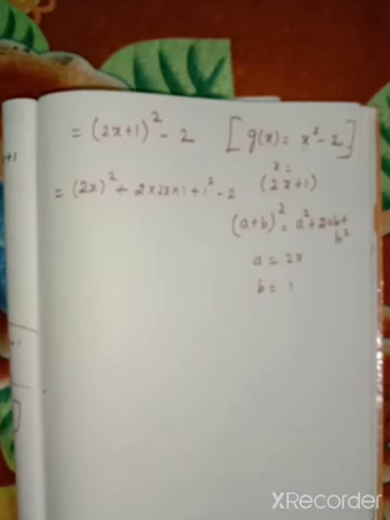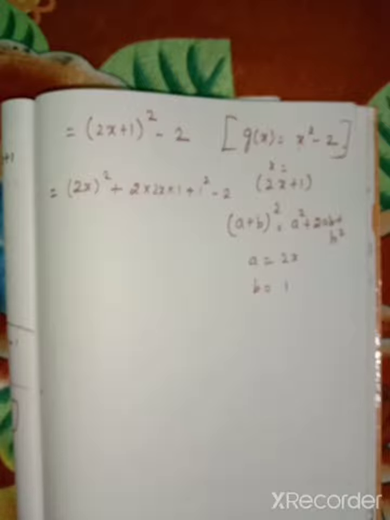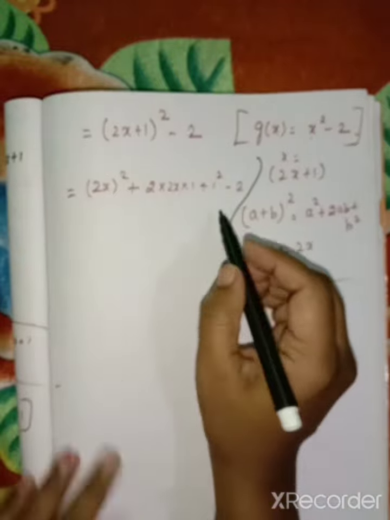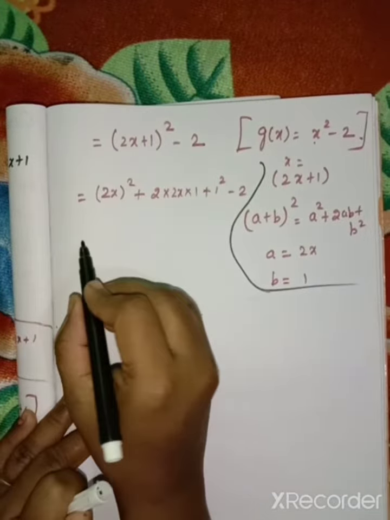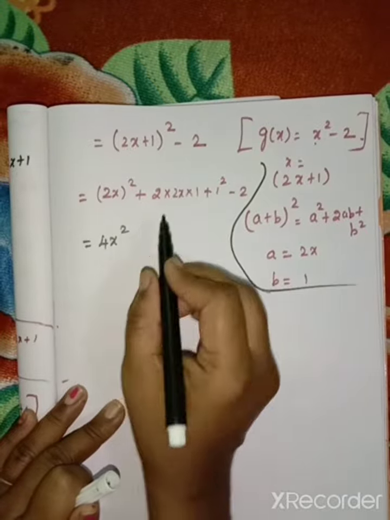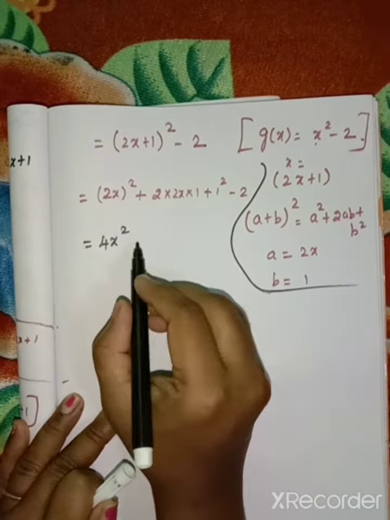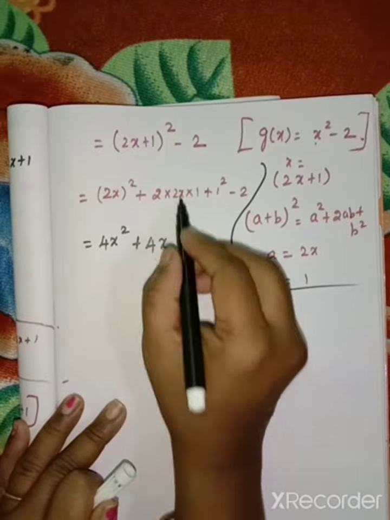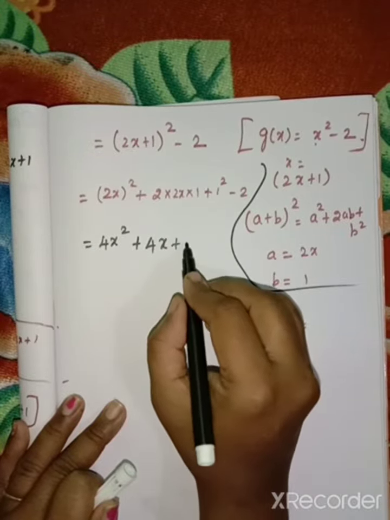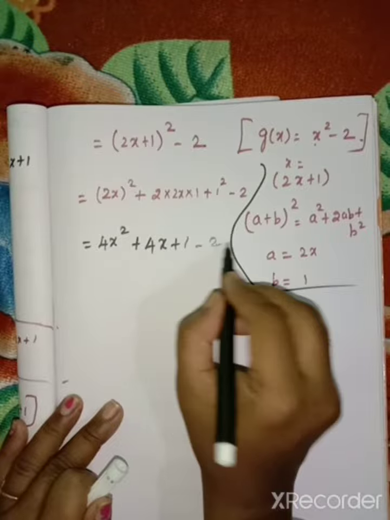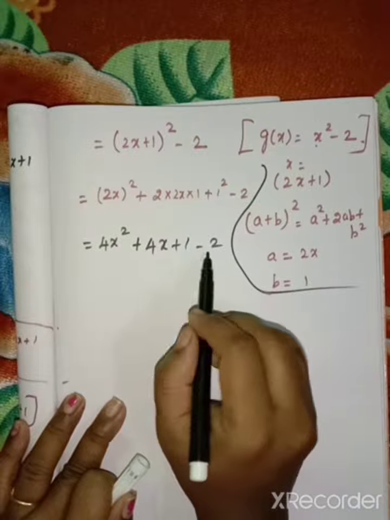So now we want to square the value. 2 into 2, 4x squared. Here we want to multiply: 2 twos are 4, 4 into 1, 4, so 4 into x, 4x. 1 squared is 1 into 1, 1. Minus 2. Here the constant term is there.